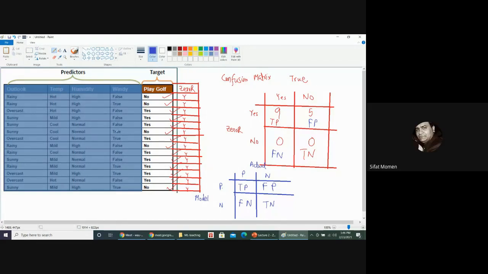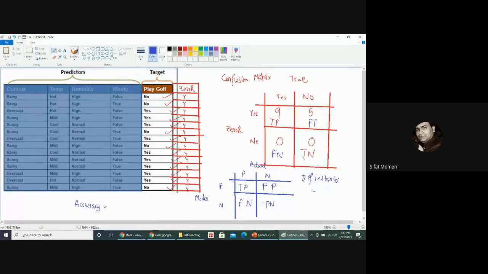Now tell me, what should be the formula for the accuracy? Okay, we'll come to that. First, what is the total number of instances? How do you find the number of instances? 14. Sir, I understood 14, but how do you get it from this confusion matrix? 9 plus 5 plus 0 plus 0.